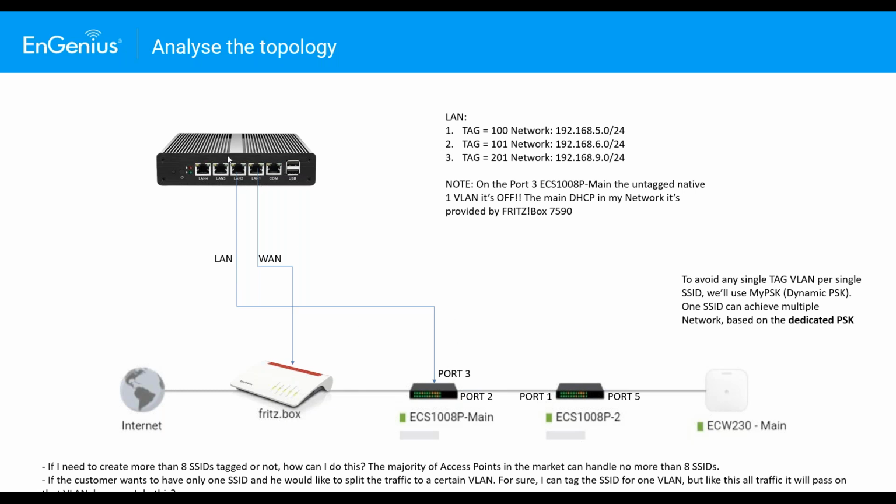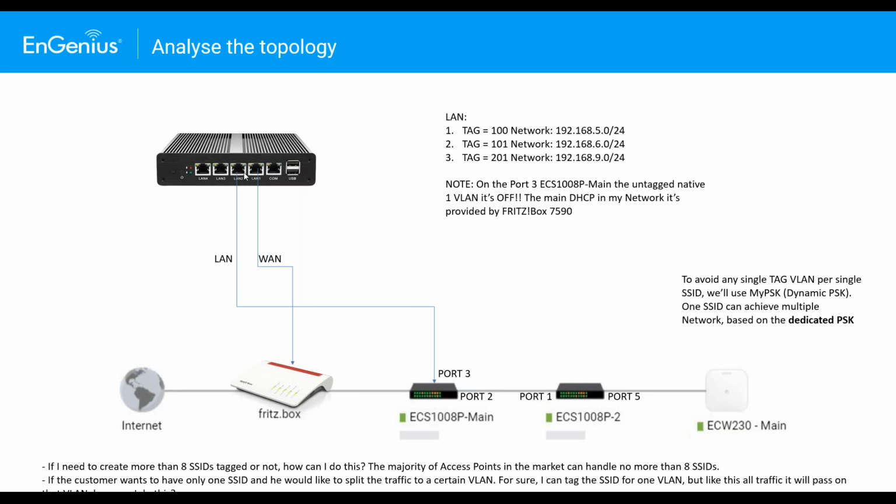They simply disable the DHCP on the firewall. No, please don't do that. Do it in a different way, with VLAN. So on this switch, the ECS 1008P main, I simply disable the native VLAN on port 3. Native means untagged, so I simply disable it.